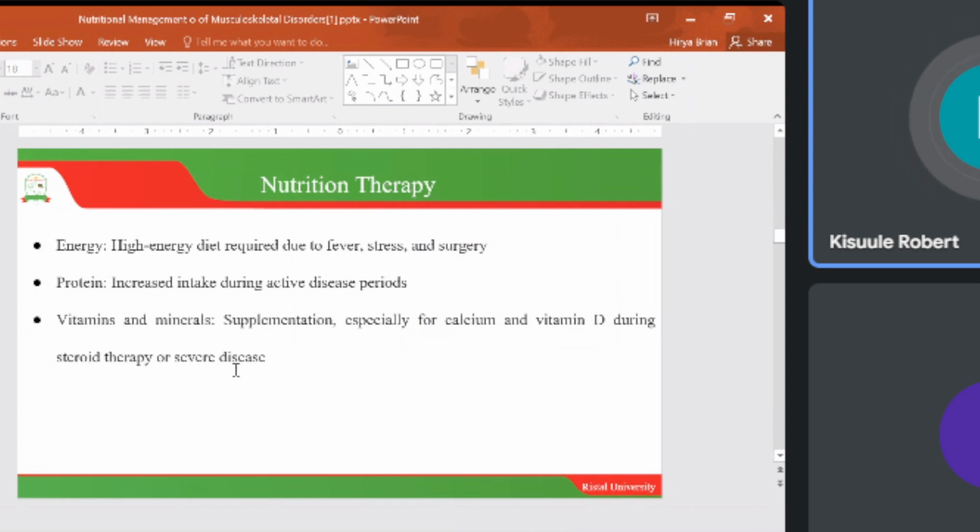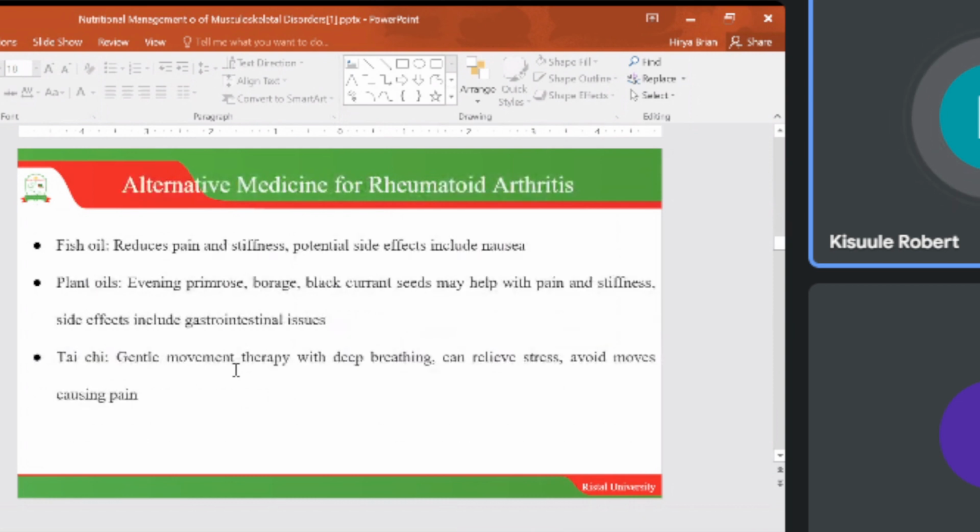So we are using fortified foods that can deliver those nutrients that are required for bone absorption and all those other key things.